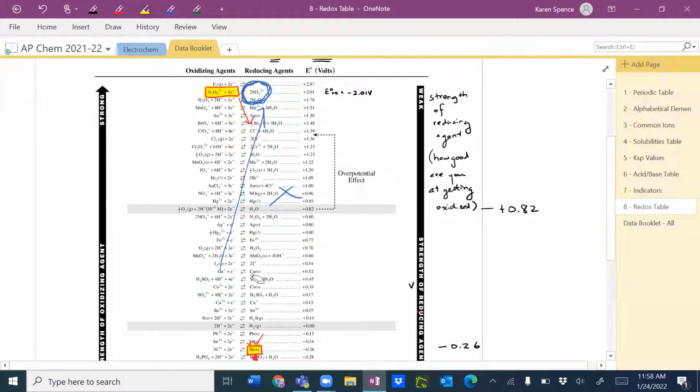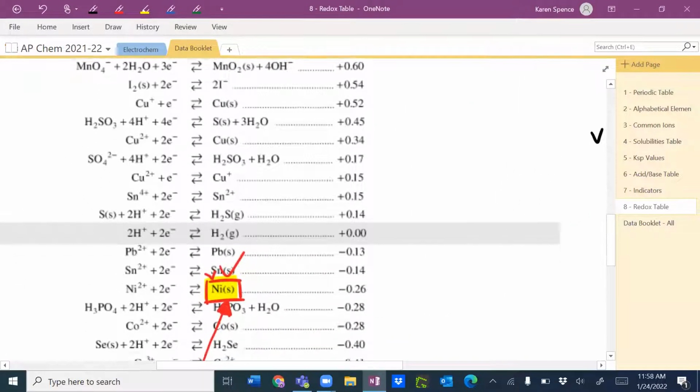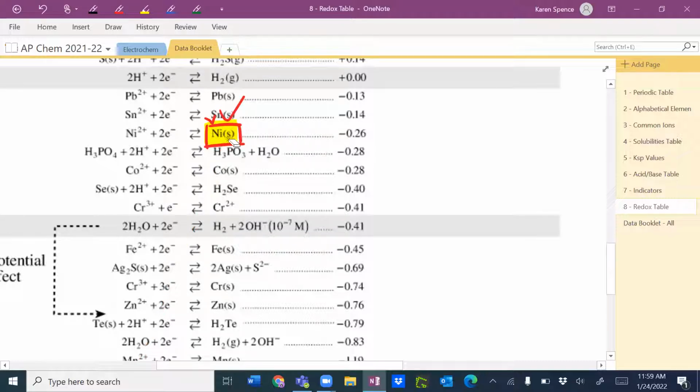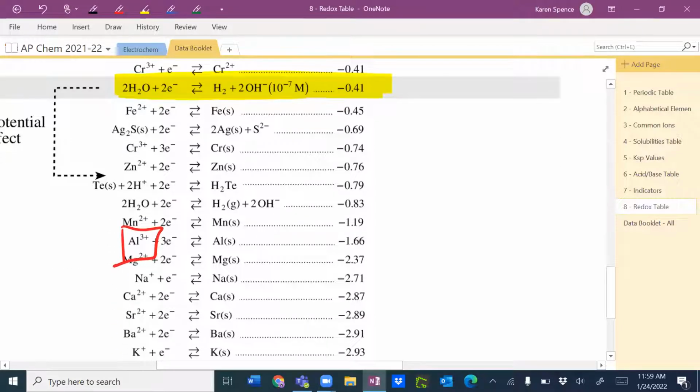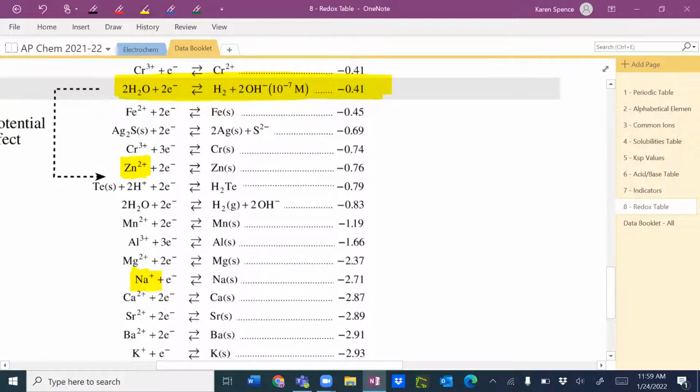So, reduction of water, where are you? Reduction of water. So this gaining electrons is reduction. Here is my reduction of water. Okay, so we are going to compare that with nickel 2 plus and sodium way down there, and zinc 2 plus and copper 2 plus.